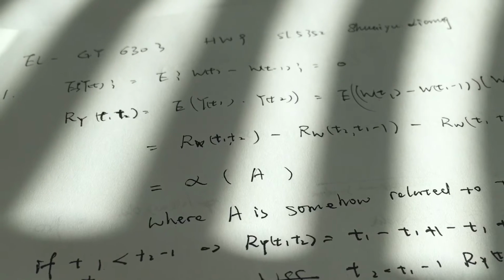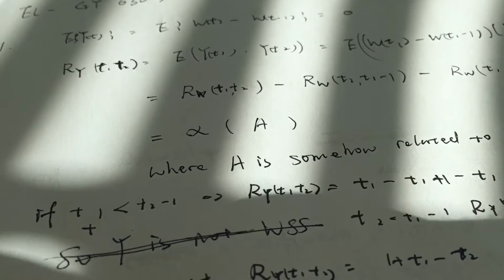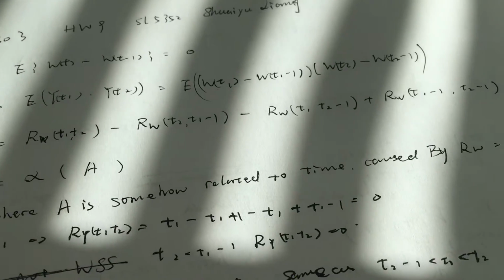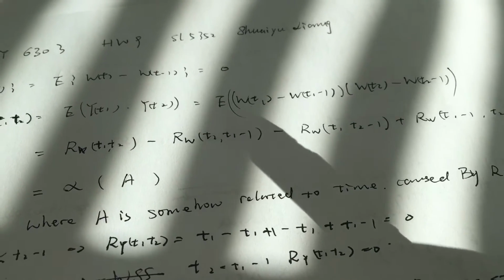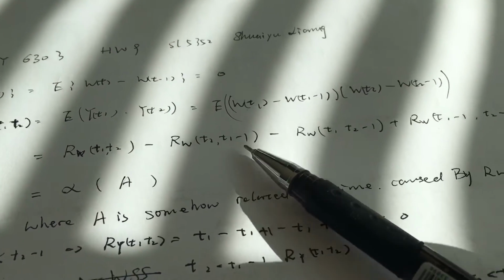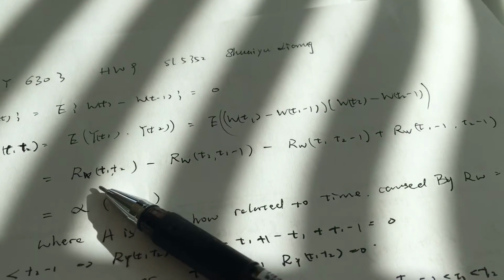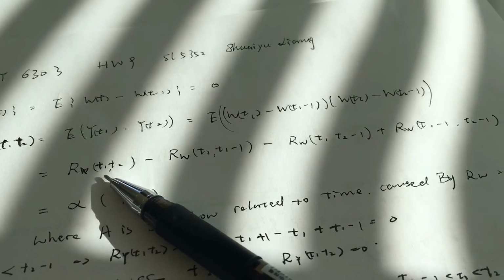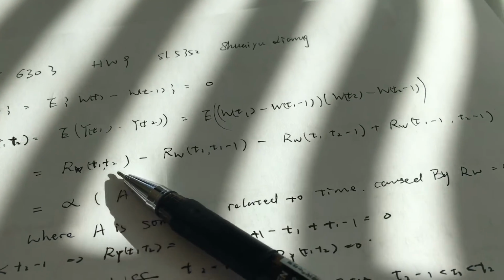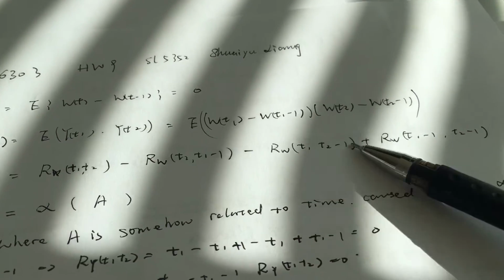And the second one is to find the correlation of Y valued in time t1 and t2, and we could write an expansion here and then expand this polynomial with the autocorrelation of Rw valued in t1 and t2, Rw valued in t2 and t1 minus 1, and the same vice versa, and so on and so forth.